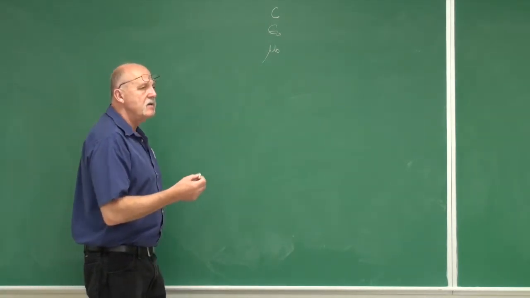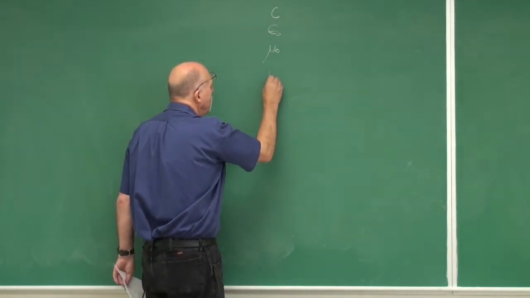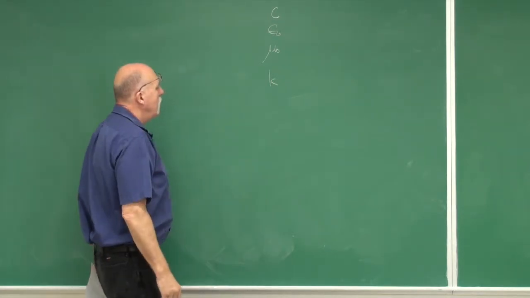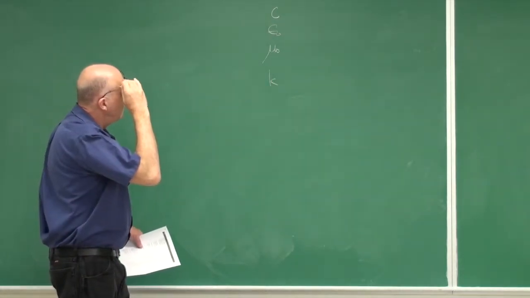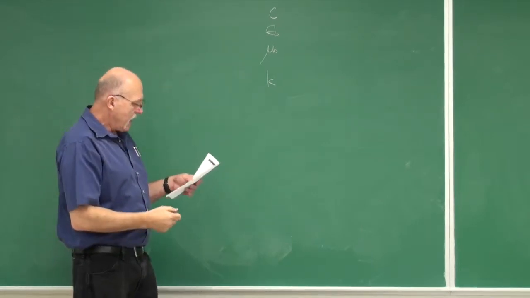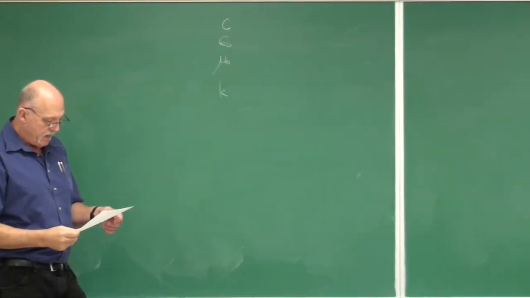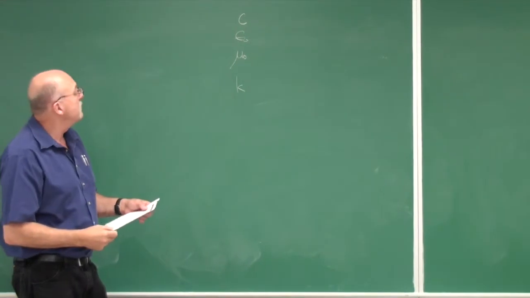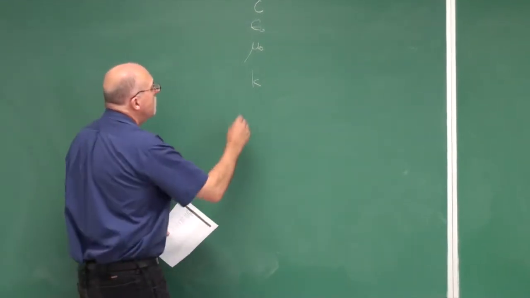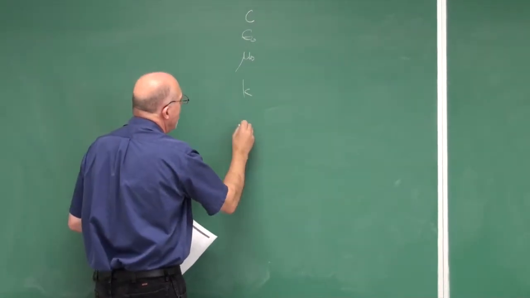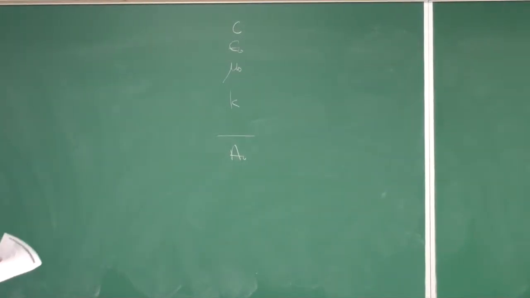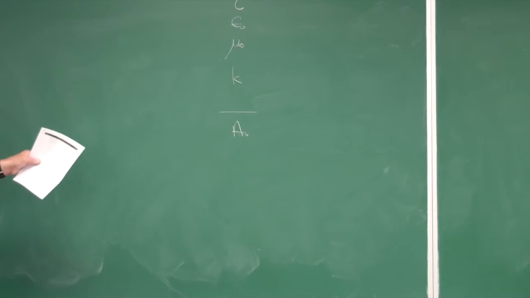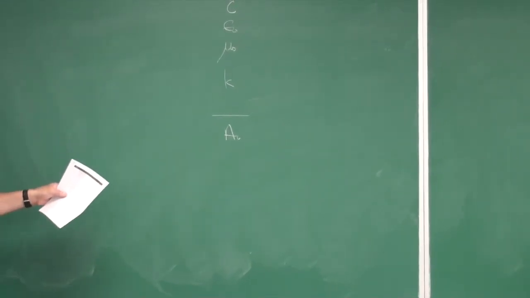And other things that you need to know are Avogadro's number and Boltzmann's constant. So this has units, Avogadro's number does not. Okay. So need to know these. So these are things that you should absolutely know.